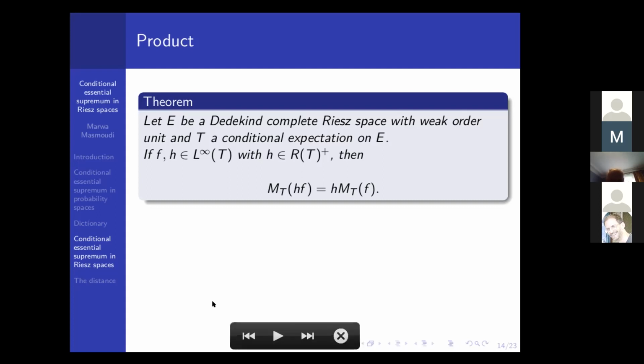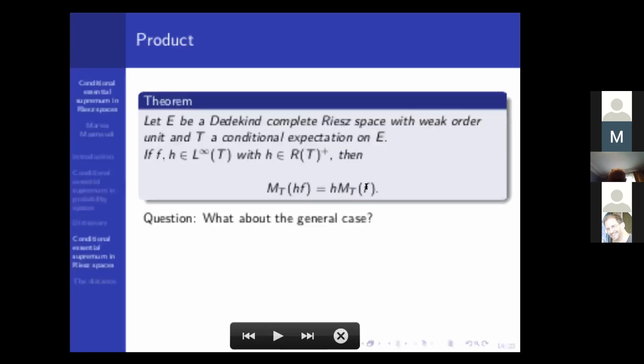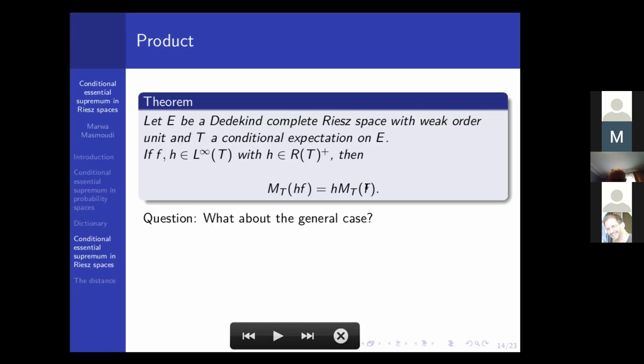In fact, we proved that if F belongs to L infinity of T and H belongs to the positive part of the range of T, then the conditional supremum of the product of H and F is equal to the product of H and the conditional supremum of F. So what about the general case?